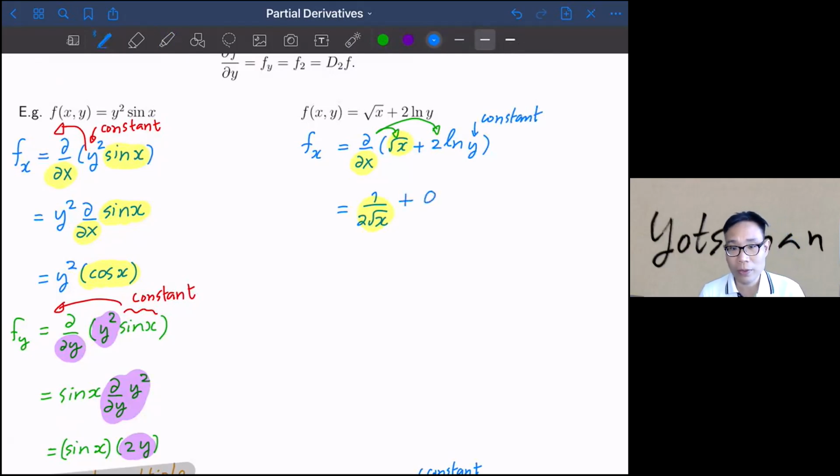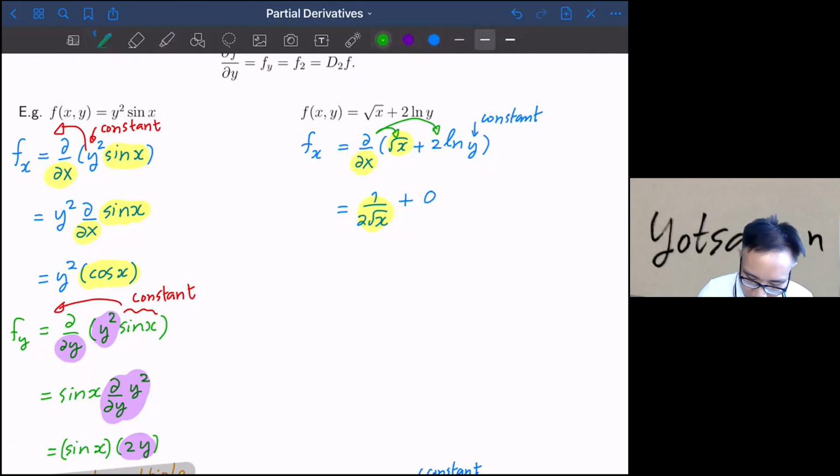It would be tempting to say the derivative of log is 1 over y, but no, it's going to be 0 because you are differentiating with respect to x. So you have to be able to distinguish between x and y for this topic.